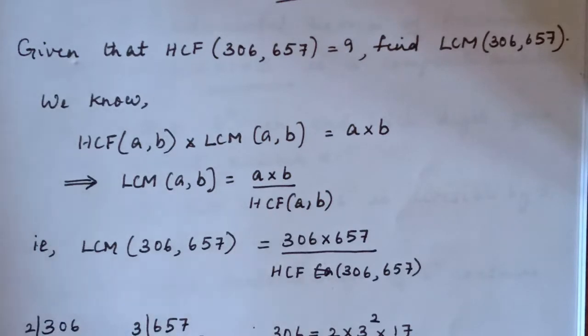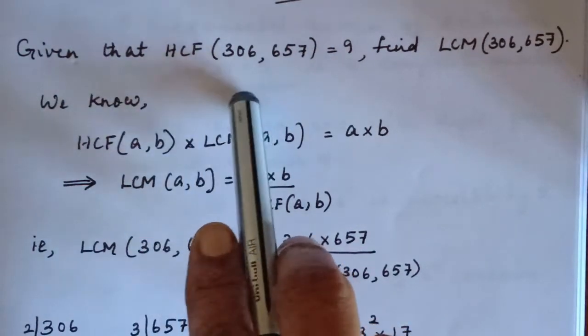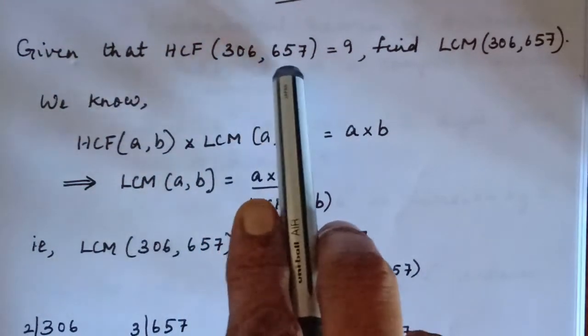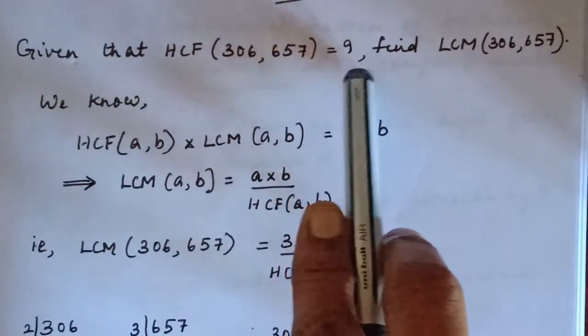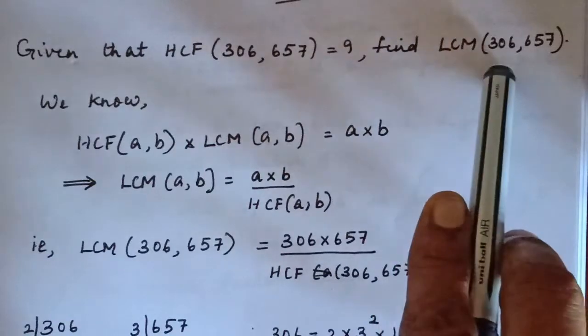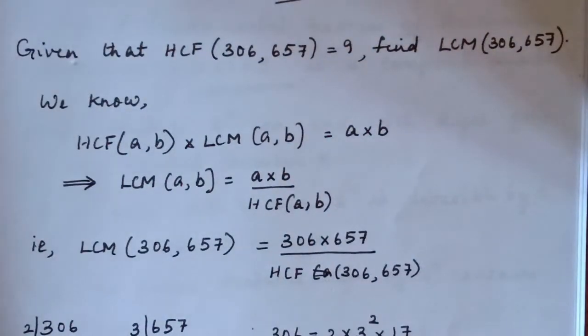Here we have a question. Given that HCF of 306 and 657 is equal to 9, find the LCM of 306 and 657.